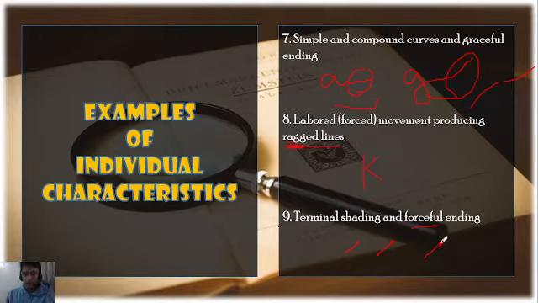Okay, so just like letter A, instead na gracefully, they are going to make a forceful or terminal shading instead. Okay, so those are the examples of individual characteristics that we have in here.